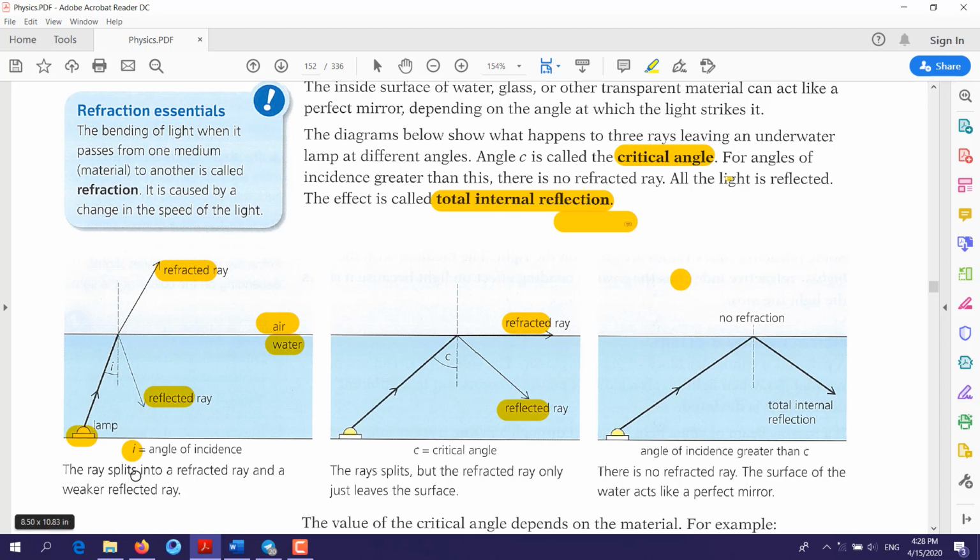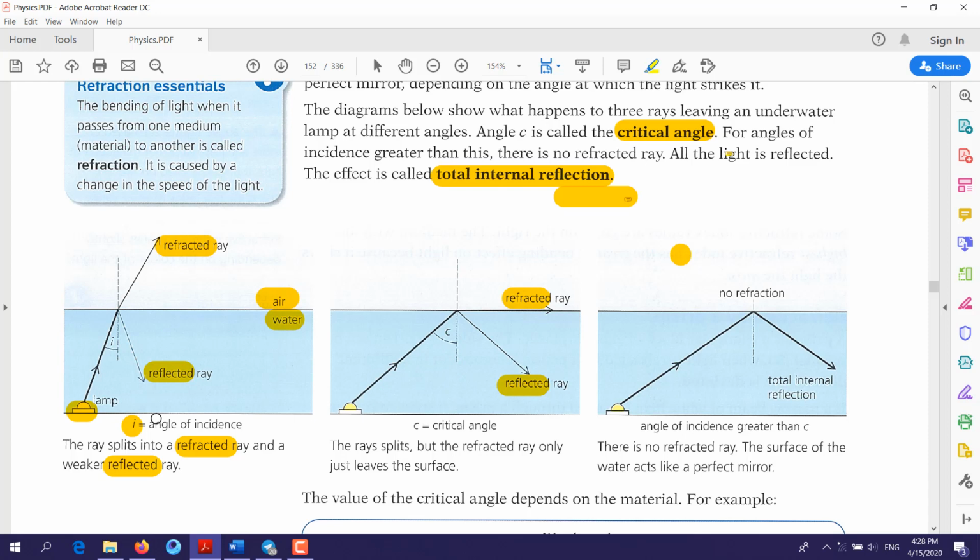The ray splits into a refracted ray and a weaker reflected ray. This ray will split into two rays. Here it's the reflected ray, and here it's the refracted ray. Here, the angle will change.